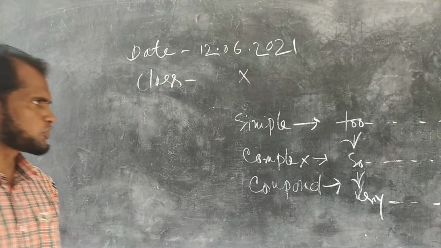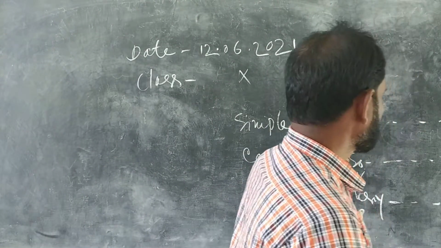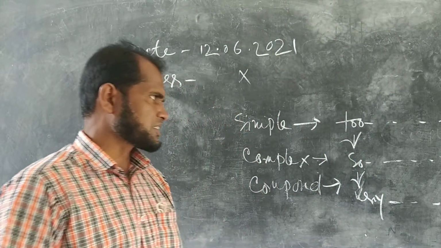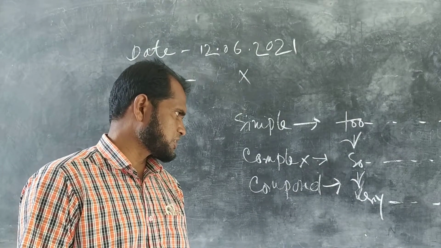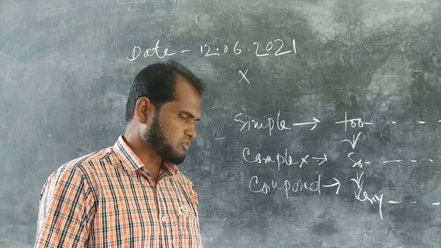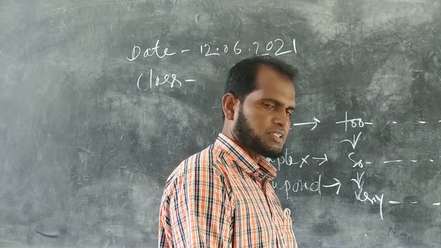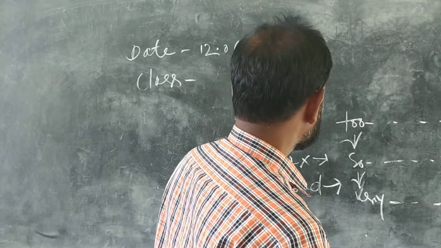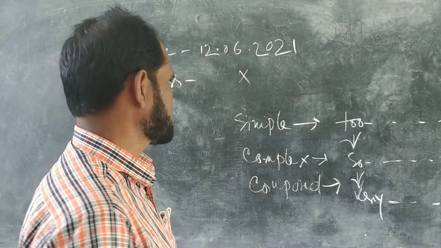When there is the simple structure, the sentence will be a simple sentence. And when there is that plus second clause, this will be a complex sentence. And when there is base and plus second clause, this sentence will be a compound sentence. And it will be very easy for you if an example is given.